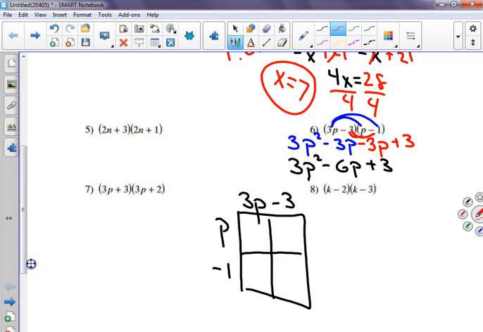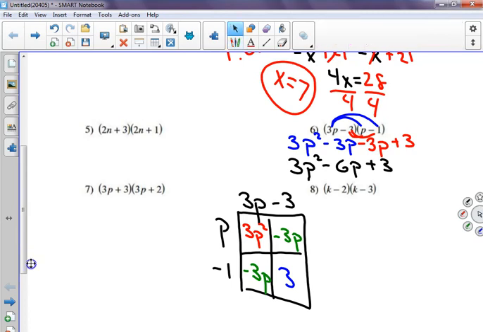So 3p times p is my 3p squared. P times -3 is -3p. Again, 3p times -1 is again -3p. And -1 times -3 is my 3.